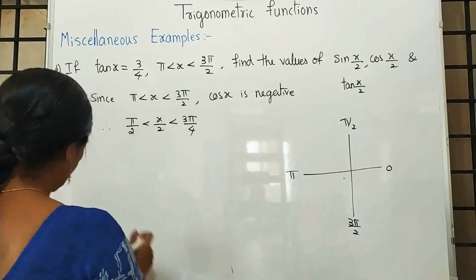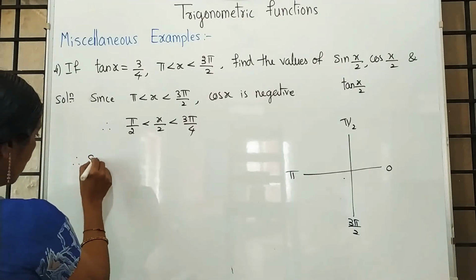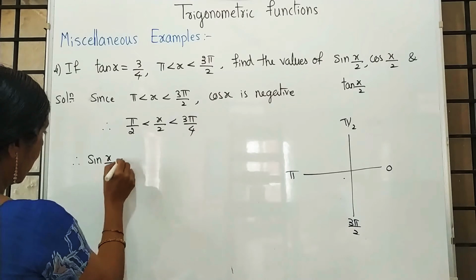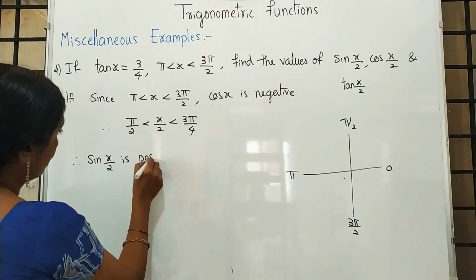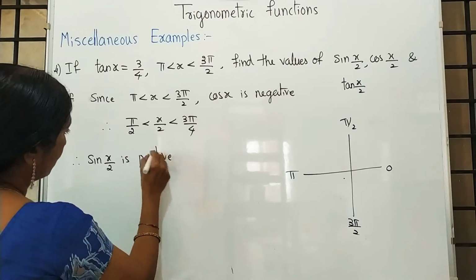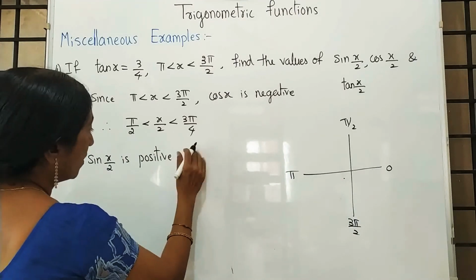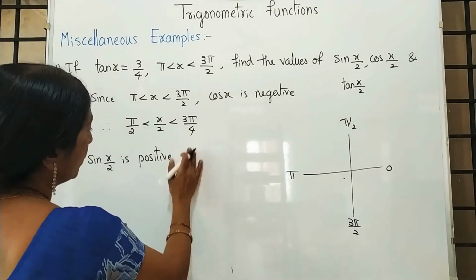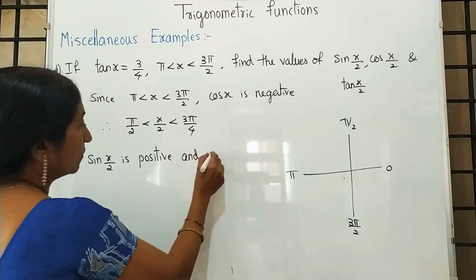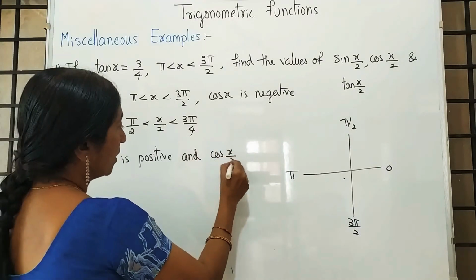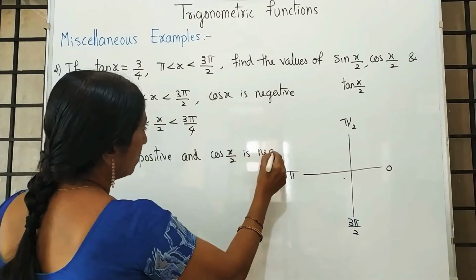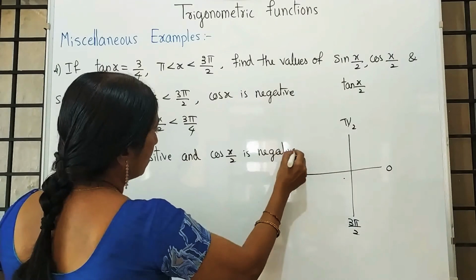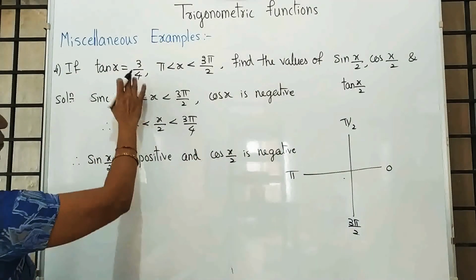So write down. Therefore sin x by 2 is positive, comma, and cos x by 2 is negative. Now tan is given.